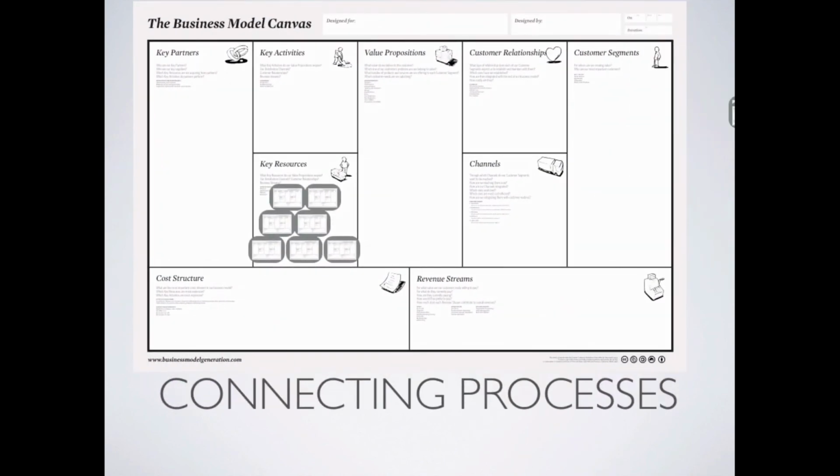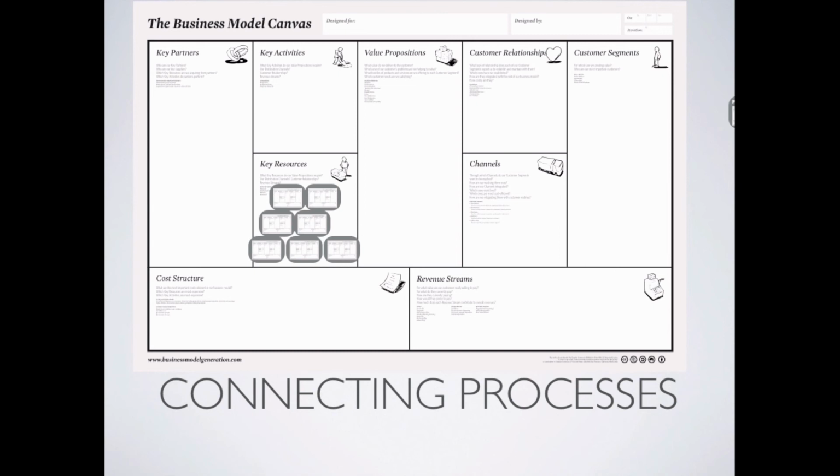To map that perspective onto a canvas, what I've done here is taken the organizational canvas from Business Model Generation, and I've made little tiny personal business models and put them in those gray ovals. And those are the key resources. As we discussed before, organizations typically have lots of people, and they all have their own individual personal business model.